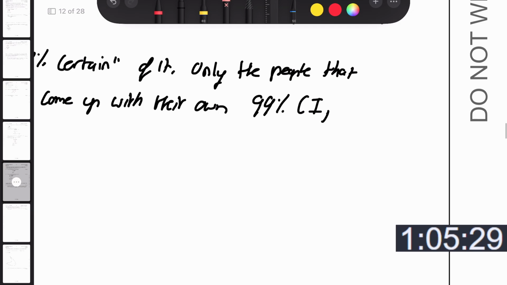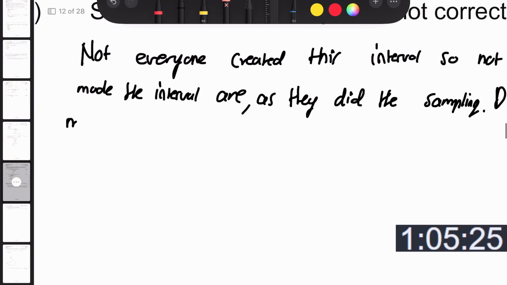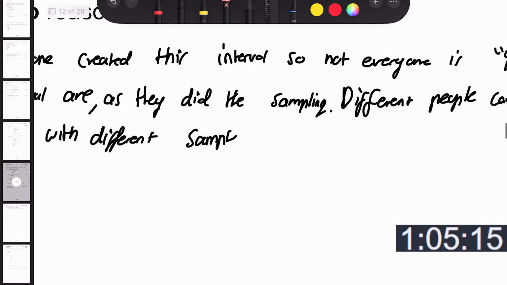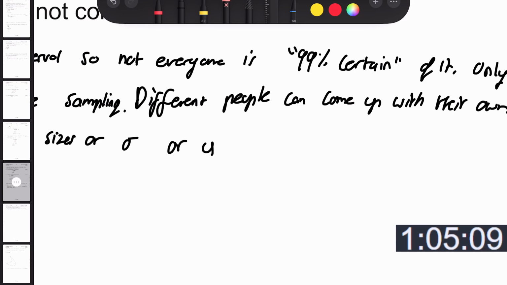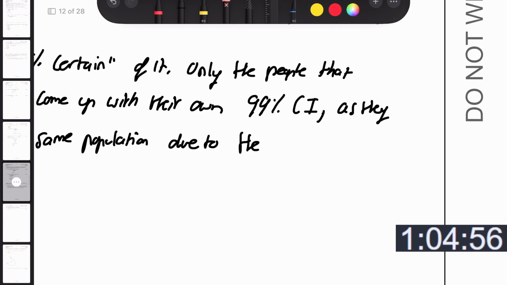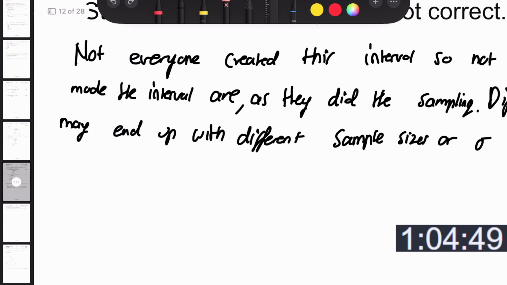Their own 90% confidence intervals as they may end up with different sample sizes or standard deviations for the same population due to the inherent nature of random sampling.